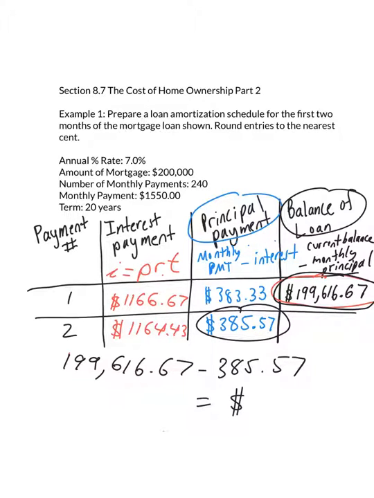And yeah, we still have a long ways to go. You can see why this is a 20-year loan, because now we're down to still owing $199,231.10 as our new balance.